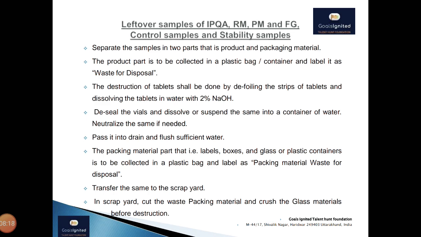The product part is collected in a plastic bag or container and labeled as waste for disposal. The destruction of tablets shall be done by defoiling the strips and dissolving the tablets in water with a 2% sodium hydroxide solution, and then deseal the vials and suspend the contents in a container of water, and utilize the same if needed.